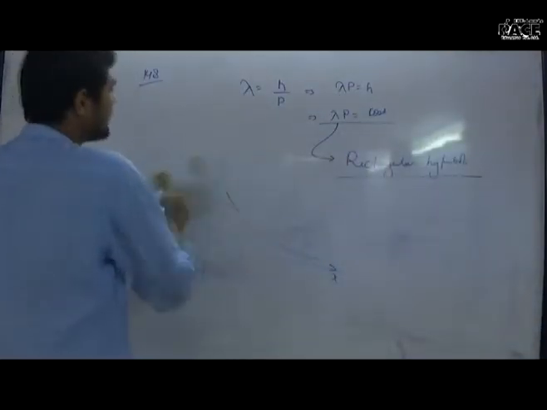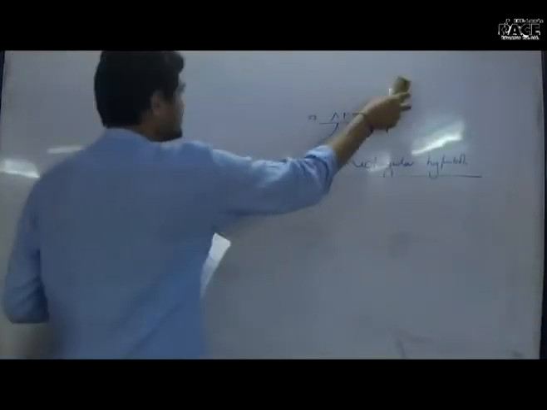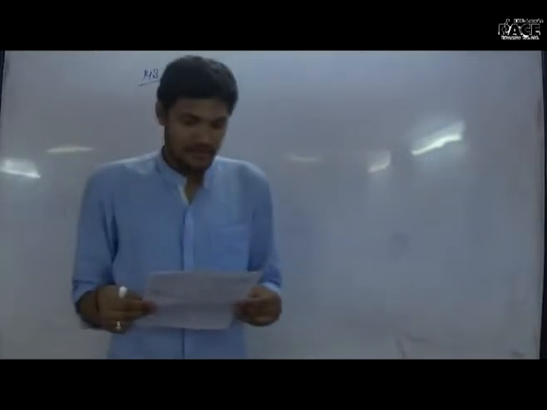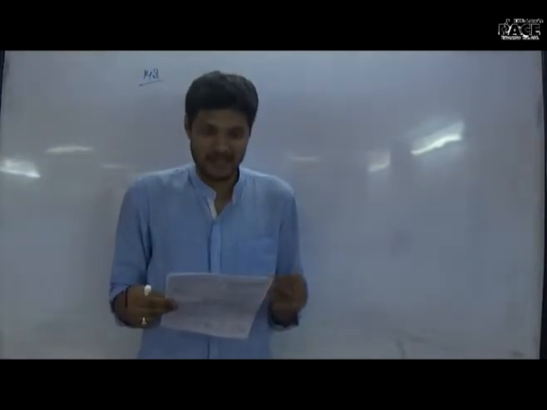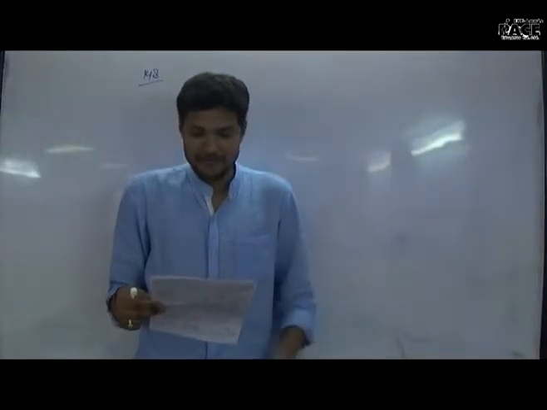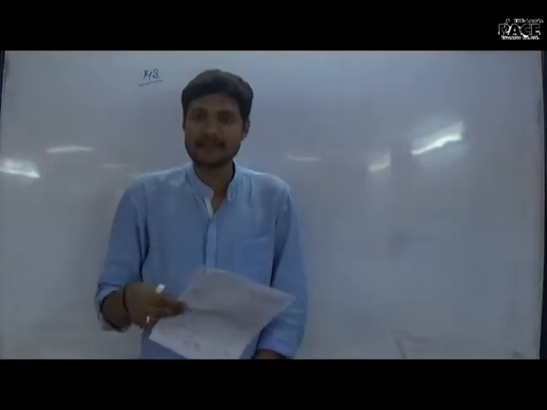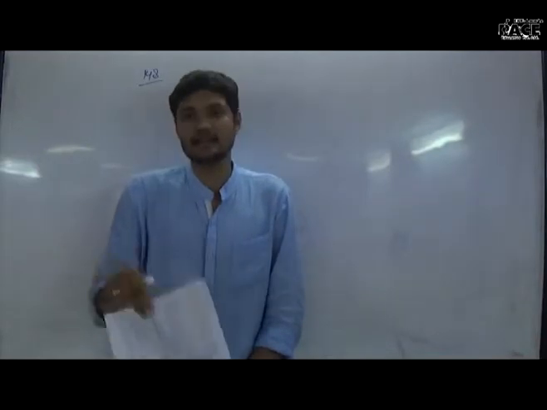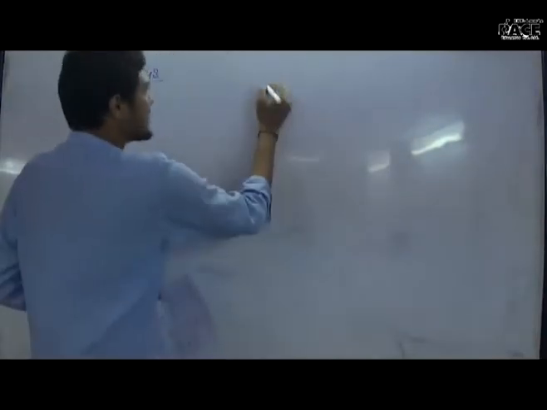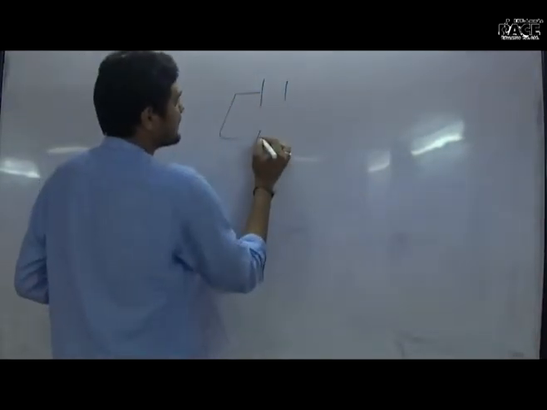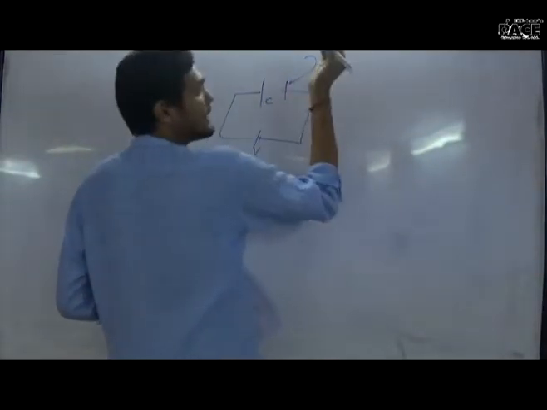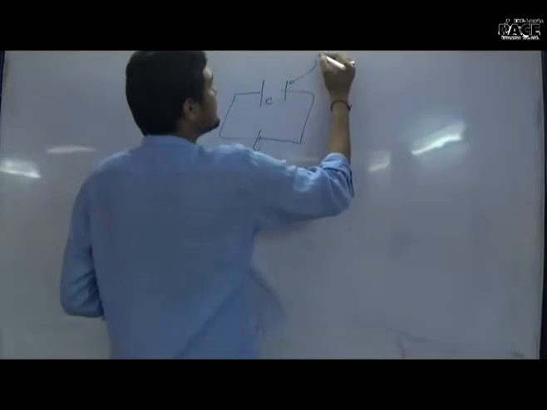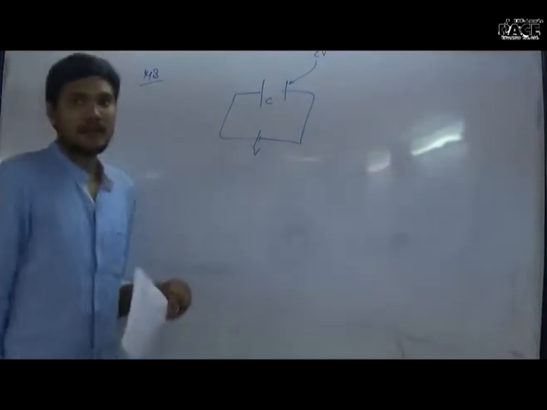For question number 149, we have a parallel plate capacitor which is connected to a battery of EMF E. The battery is disconnected and then a dielectric is inserted. First it is charged through a battery of potential V, the capacitance is C, so the charge on the plates of the capacitor is CV.